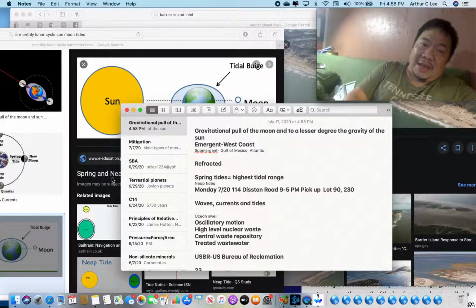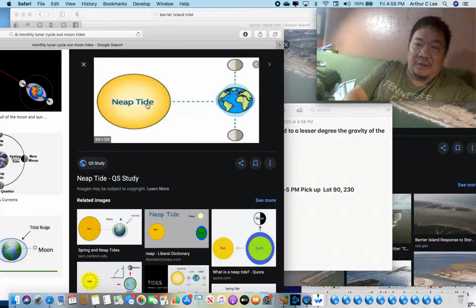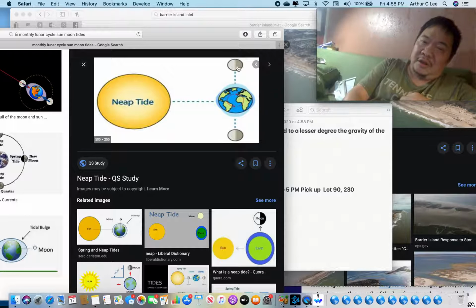When you have neap tides, on the other hand, here's the sun, here's the moon. When the moon and the sun are at 90 degrees to the Earth, you get neap tides, and that occurs with last quarter or first quarter moons, where you have half the moon dark and half light.